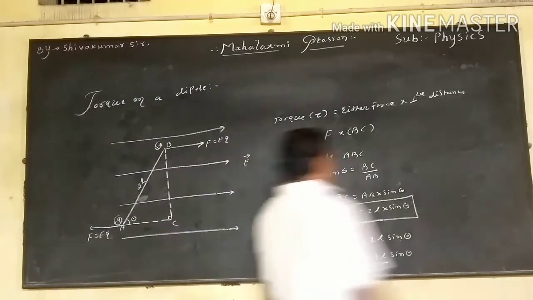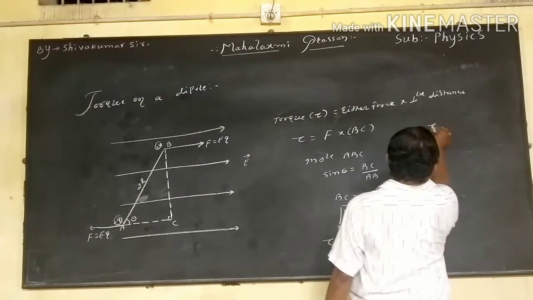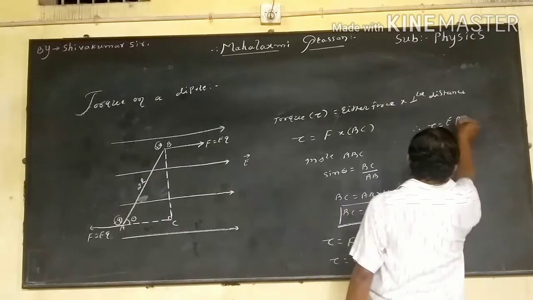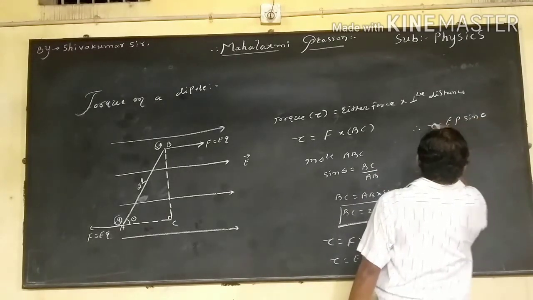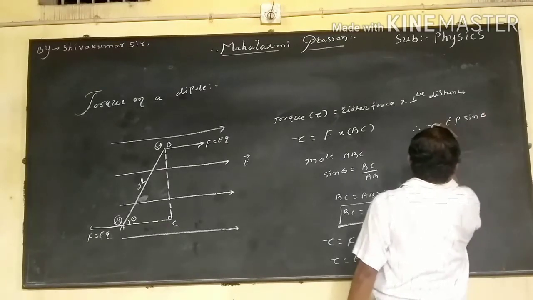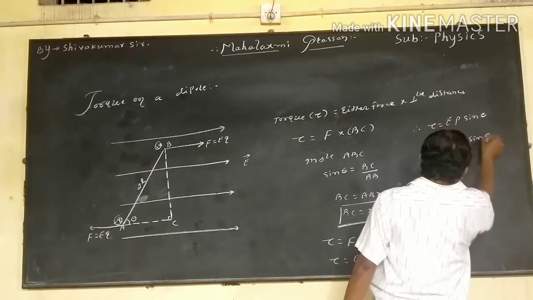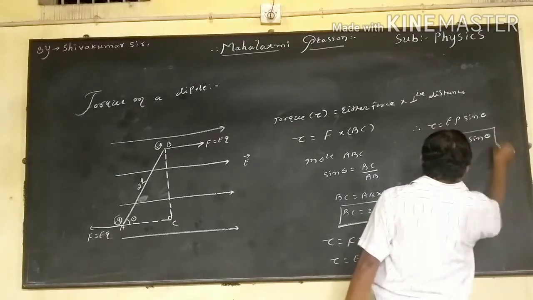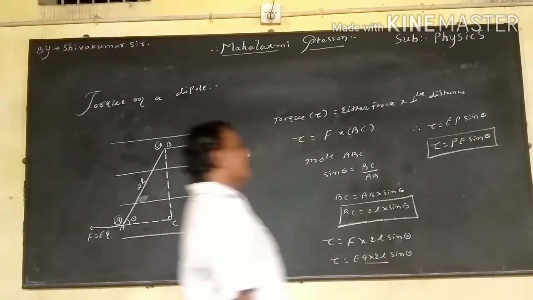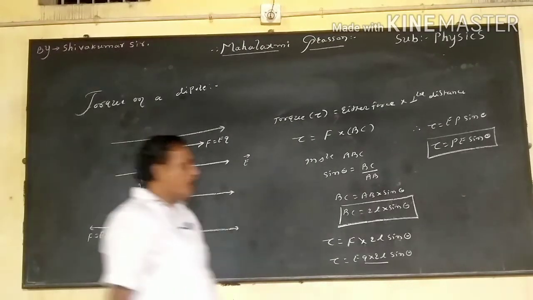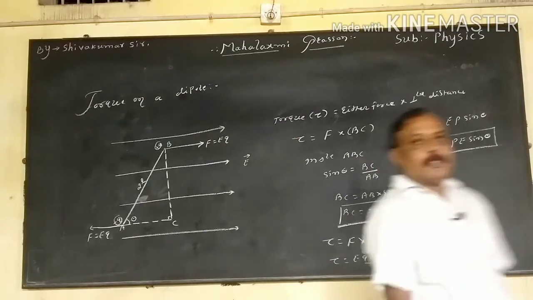Therefore, torque tau equals E into dipole moment, Q into 2L, P sine theta. I am representing the magnitude: P E sine theta. Now this is nothing but the torque experienced by the dipole in the region of a uniform electric field.